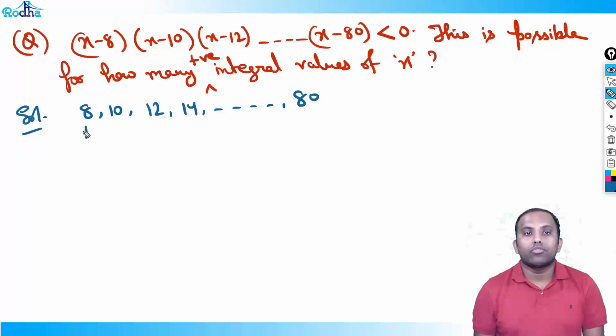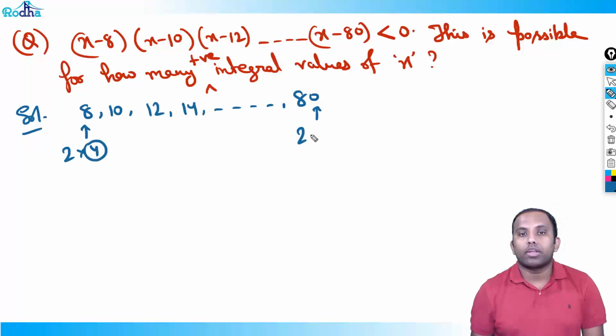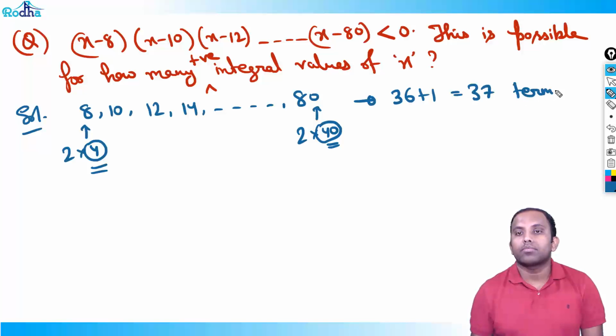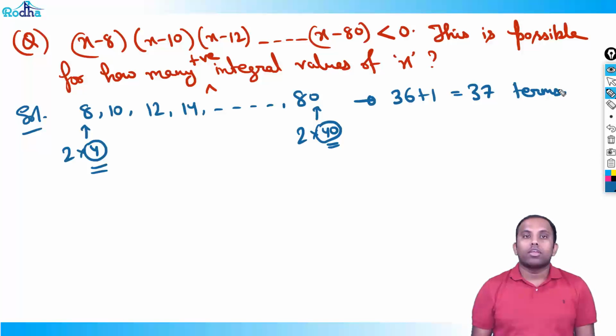Difference of 2, right? So this is like 2 into 4 and this is like 2 into 40. So how many terms here? From 4 to 40, the difference is 36, and both ends have to be included, so difference plus 1. 36 plus 1, 37 terms are here. So there are an odd number of terms, very important.